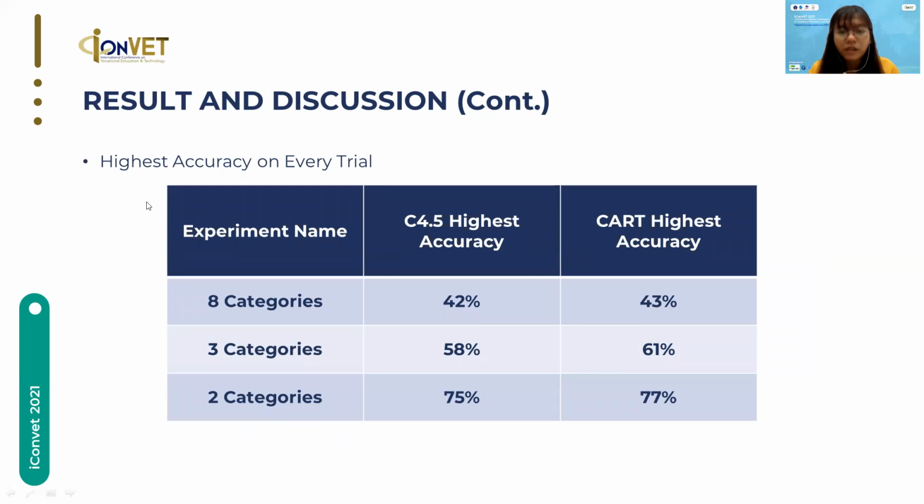Based on the summary table of the highest accuracy, it can be concluded that the CART algorithm is the best algorithm in classifying alumni occupation in this study. The highest accuracy obtained is 77%, namely in the experiment of 2 categories of work.